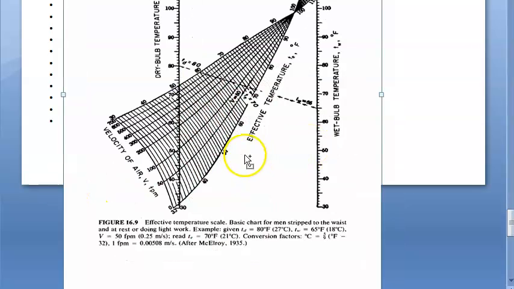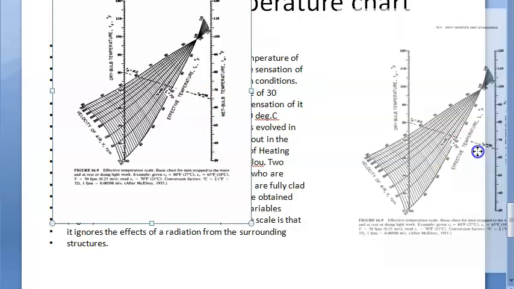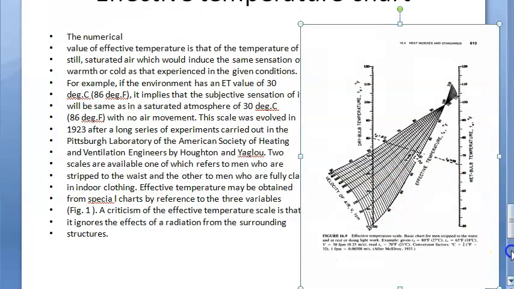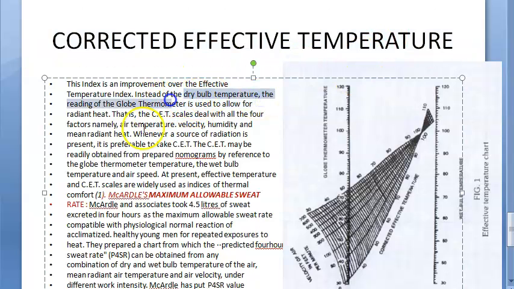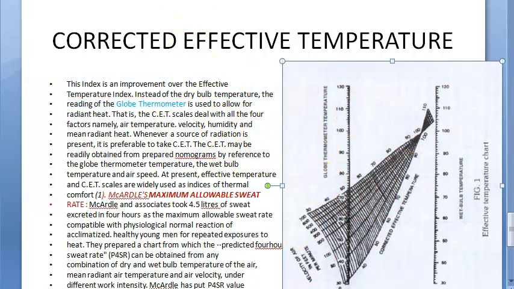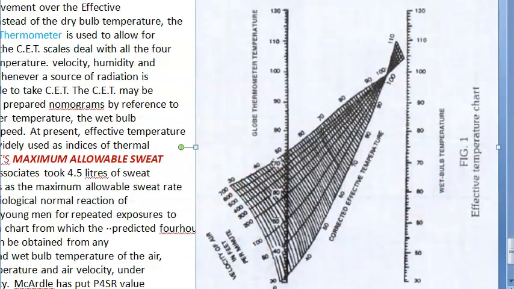But then they said that no, this effective temperature chart won't do. Let's make a correction. So they brought in a corrected effective temperature. Instead of the dry bulb temperature, they took the globe thermometer. And look at this graph now, the same graph, with a little difference.